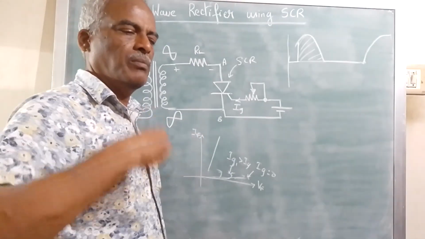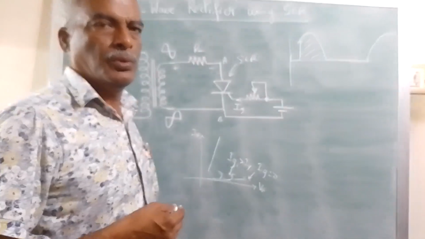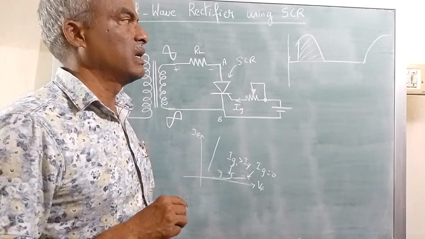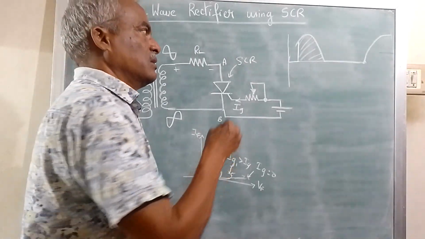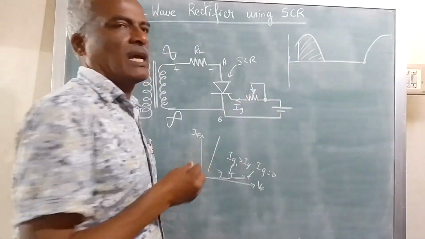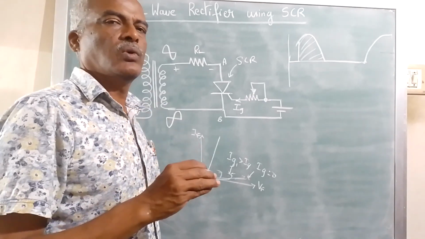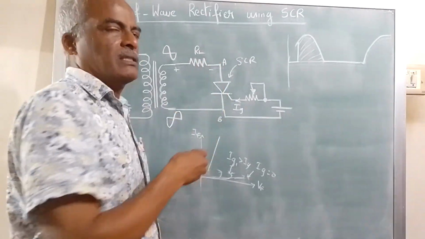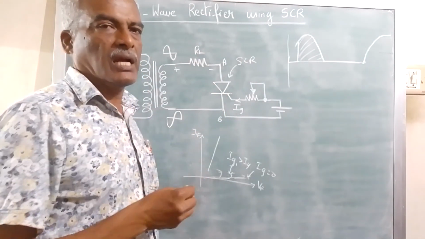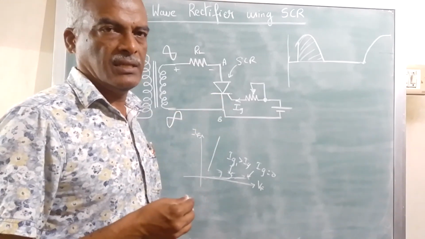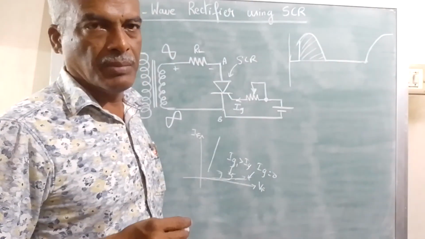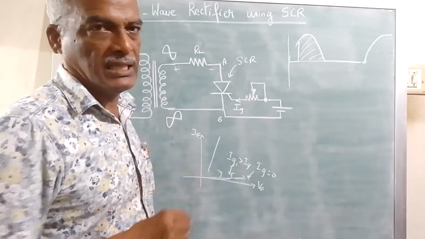Therefore, the amount of EB bill that we are going to pay will become less. That is one advantage. The other one is that by controlling the conduction angle, you can control at which angle the device has to conduct. These are some of the benefits of using an SCR.